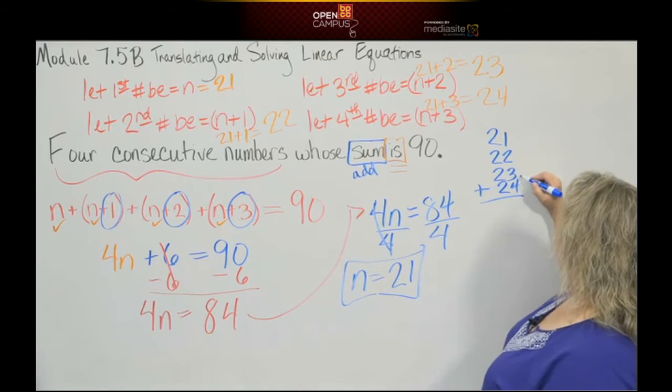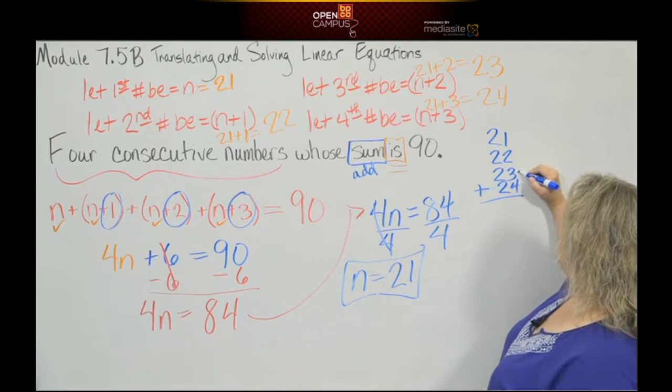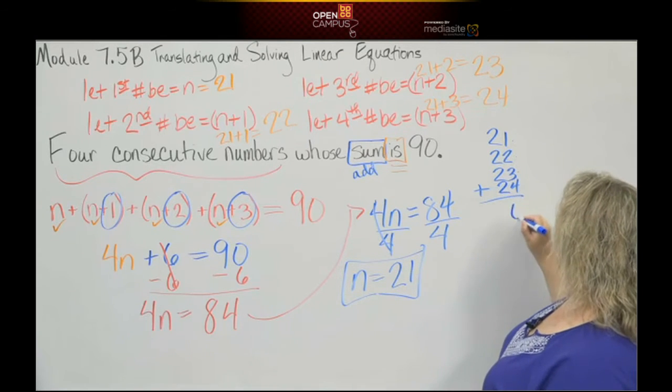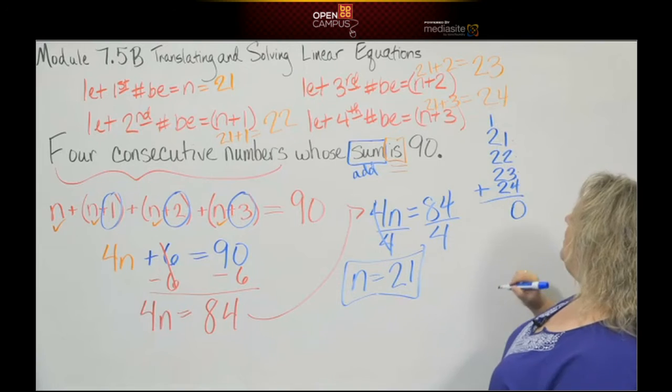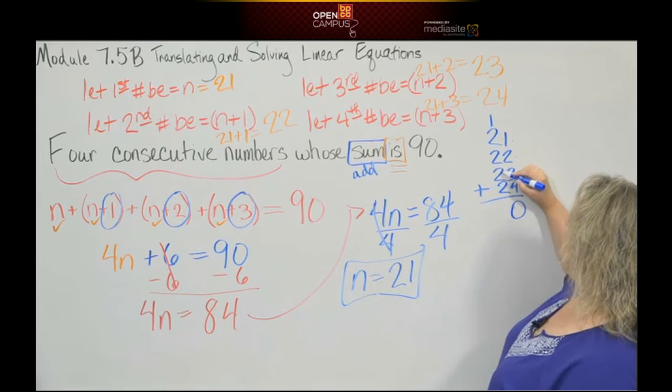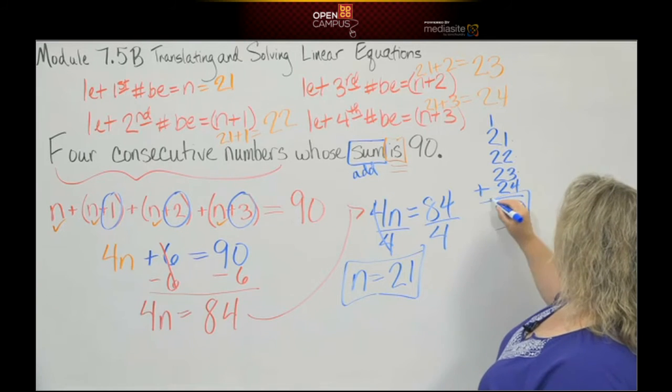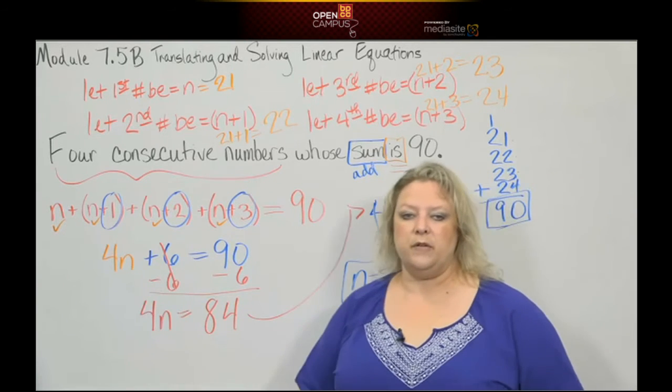That would be 4 plus 3 makes 7, 7 plus 2 makes 9, 9 plus 1 makes 10. So put the 0, add the 1 up there, and then count by 2s. 2, 4, 6, 8 plus 1 makes 9. So I did it correctly because I got the answer that I was supposed to.